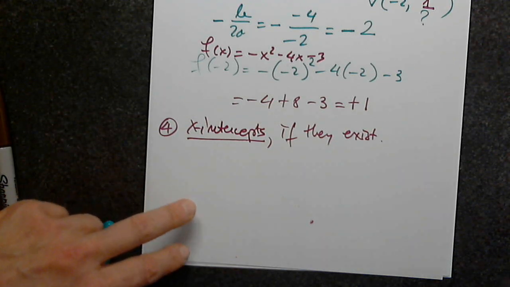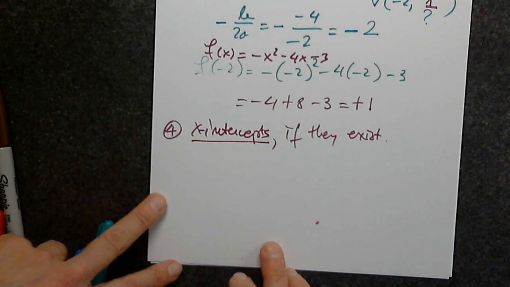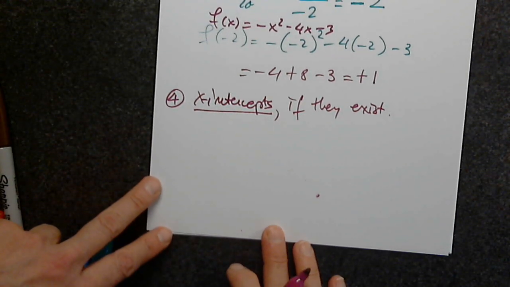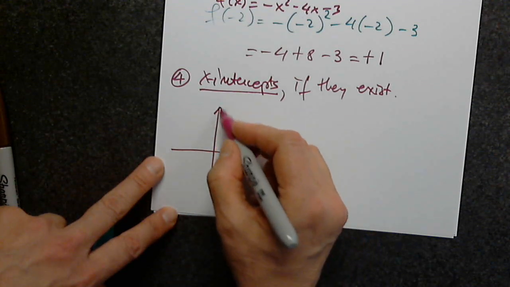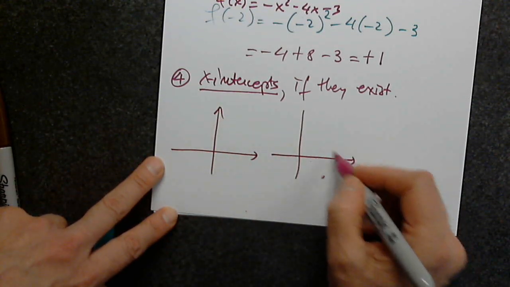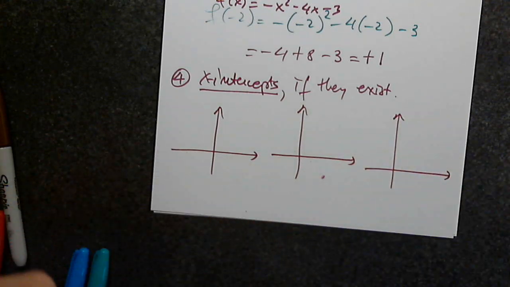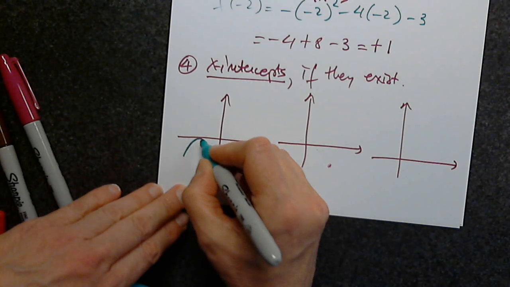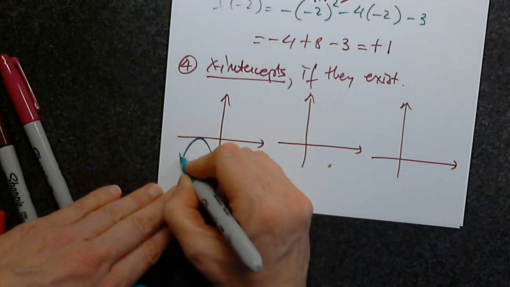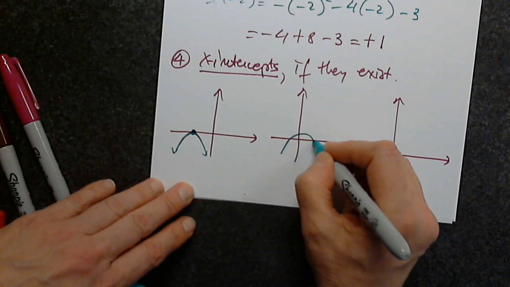So one more time, we established that this function, -x squared minus 4x minus 3, has a max or a min? Max. Here are all possible cases for a maximum. Here's one. Here's the other.